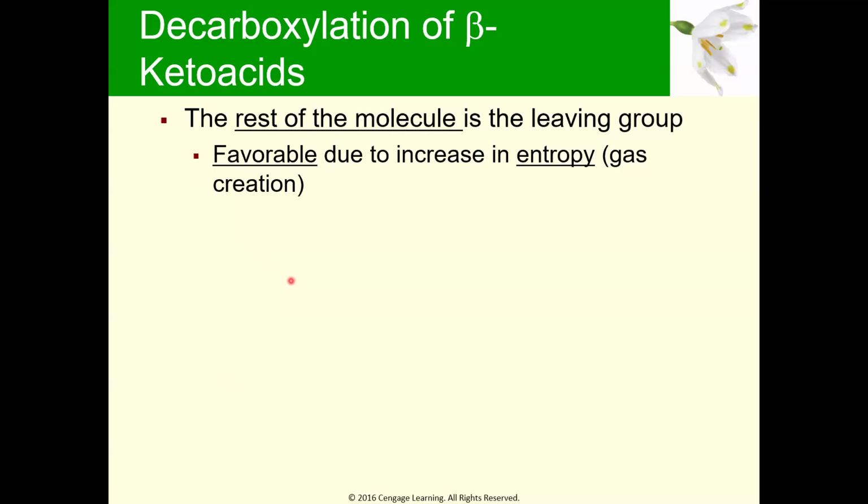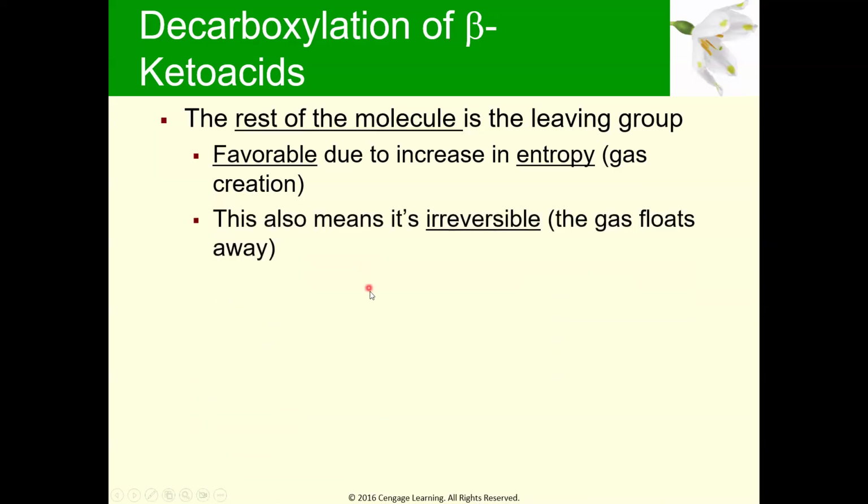That is more disorder, more molecules to disperse the energy across. But also the CO2 is a gas, and gases have a lot of entropy. So we increase the entropy of the universe, so that's part of what makes it favorable.